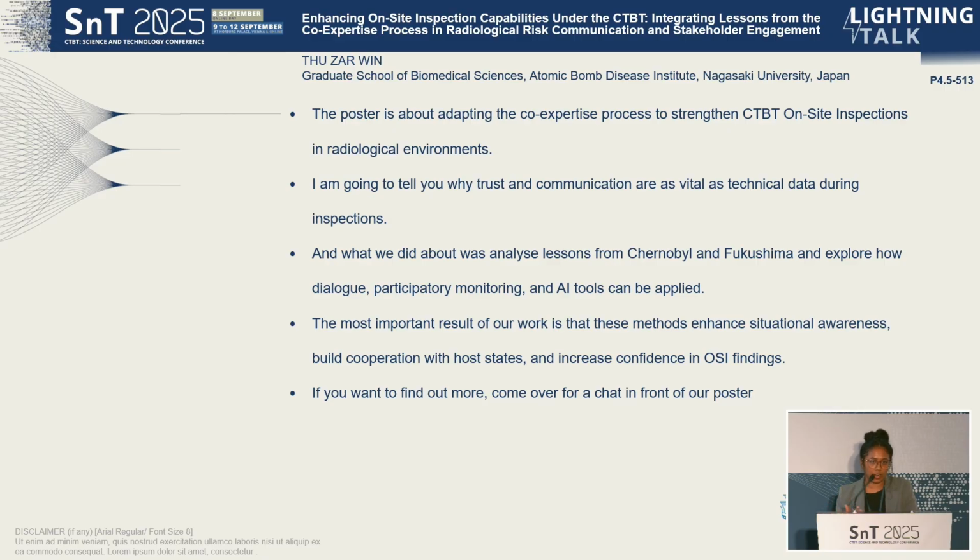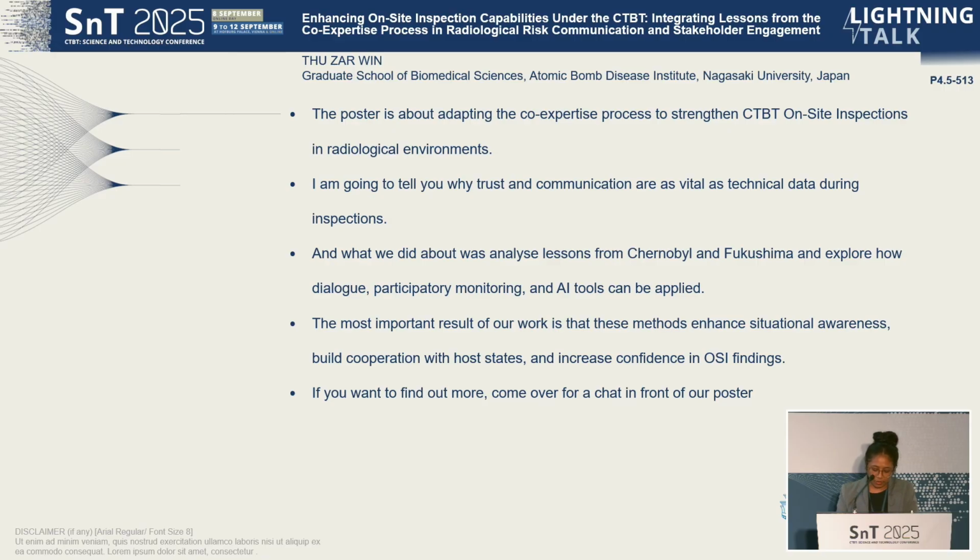There are still challenges in the recovery process. So I came up with the idea of how this process can support the on-site inspectors in case they have to experience a radiologically contaminated environment.